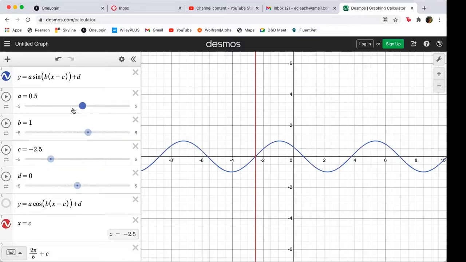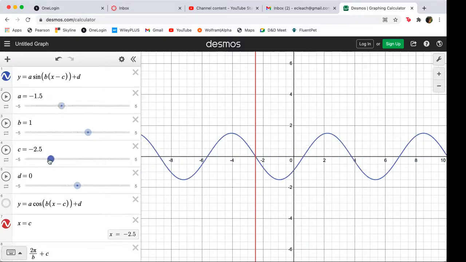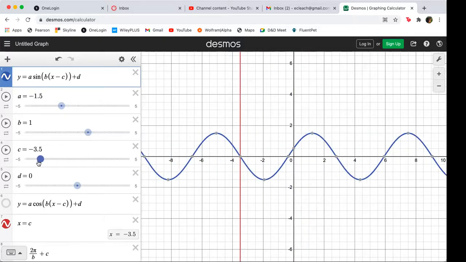If A is negative, then C is telling us where the middle going down is at. So here C is -2.5, and we're at the middle going down. So -1.5 sine with a C of -2.5 says that -2.5 will be at the middle going down, and then move that back and forth.